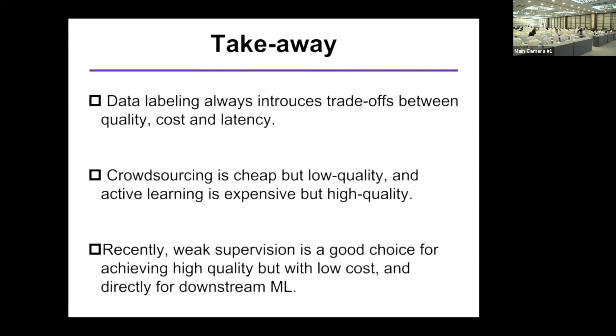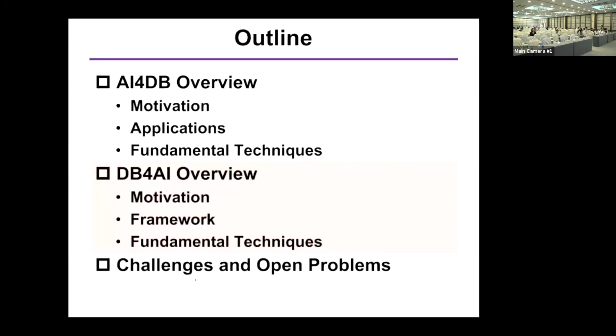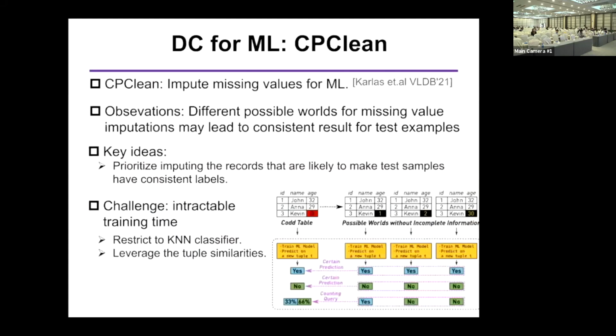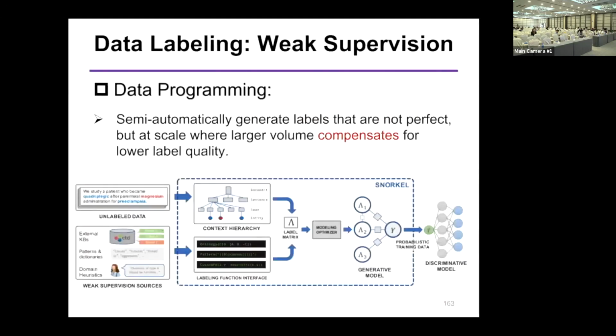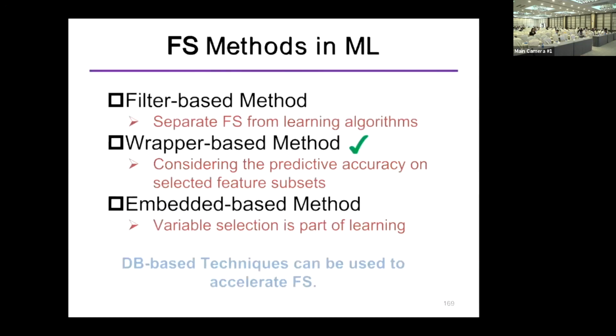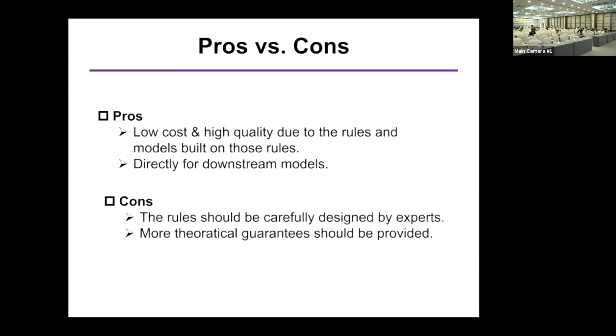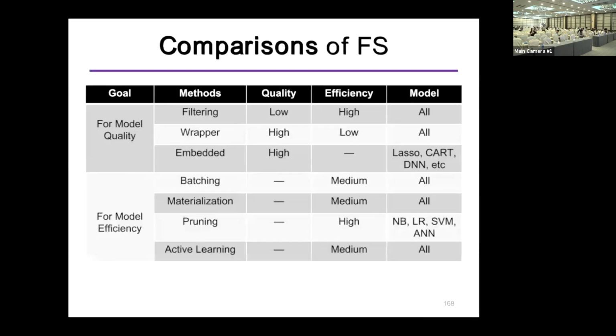Then let's talk about, in the ML field, feature selection. Let's see the comparison of feature selection. There are two main goals. First is model quality, and the other is model efficiency, which is done by DB communities.